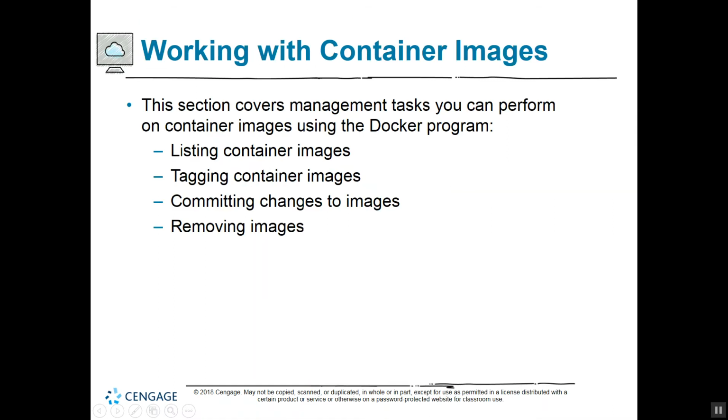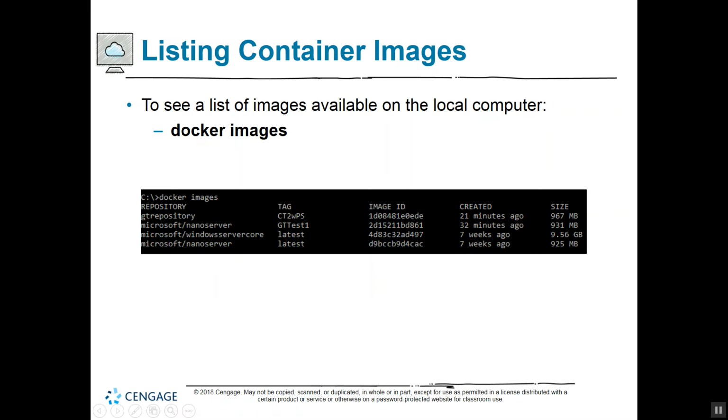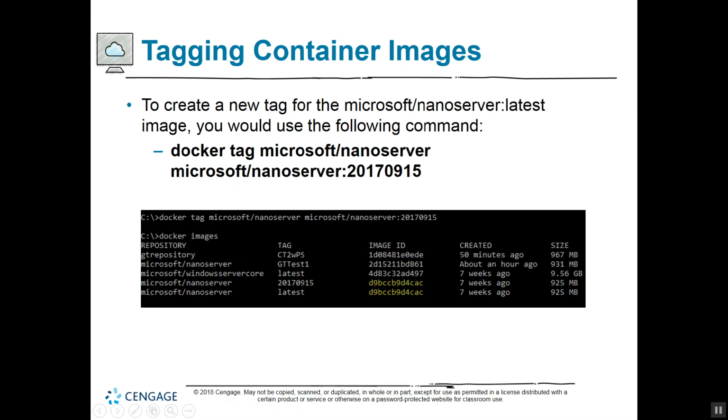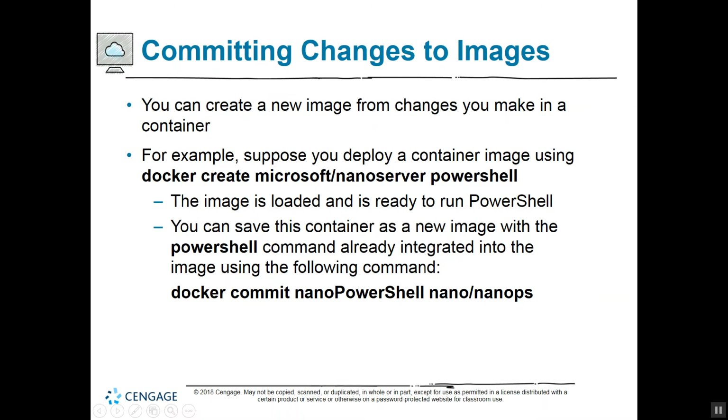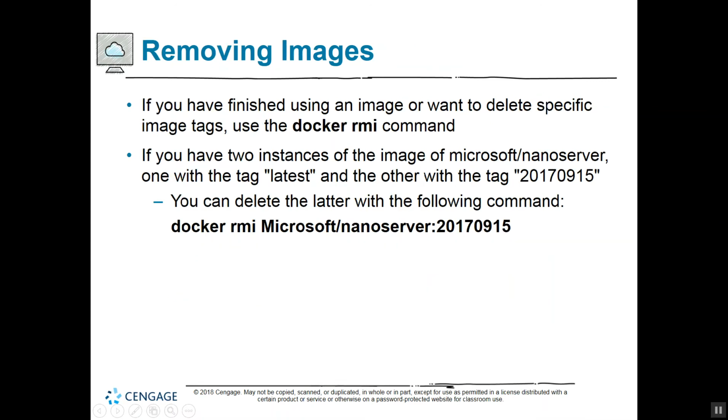Now, this section covers management tasks like listing container images, tagging container images, committing changes to the images, or removing images. We've got docker images, and there they are. Just run the tag. We can create that Nano Server, commit, and get docker rmi.